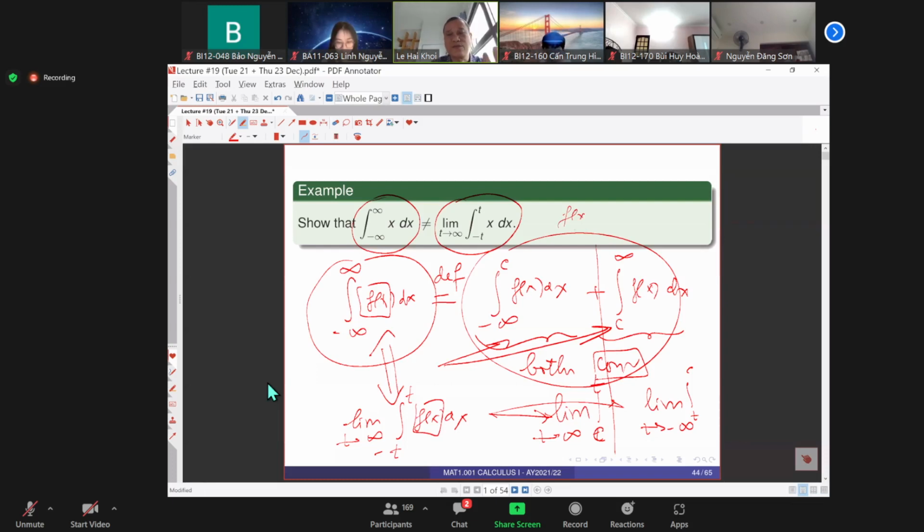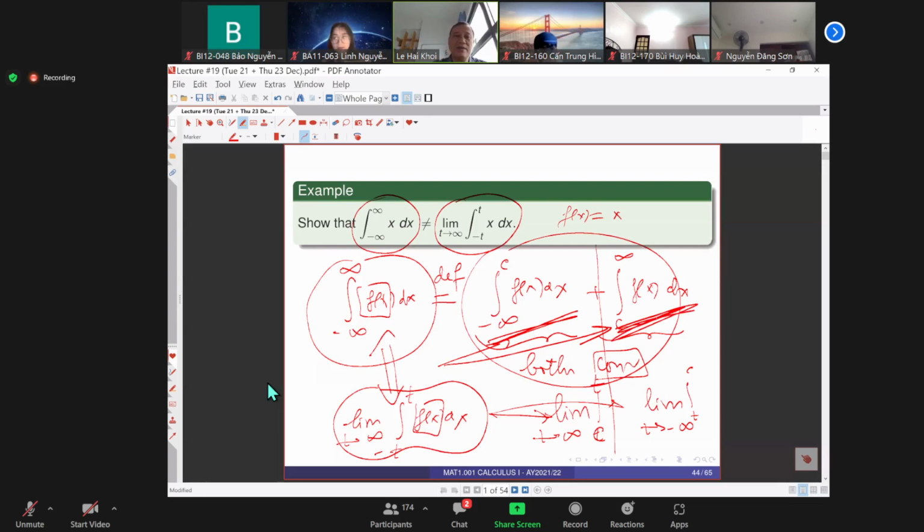For this very good function, defining the integral this way is wrong, so we cannot do it like that. We should split it into two improper integrals and consider the convergence of each of them.